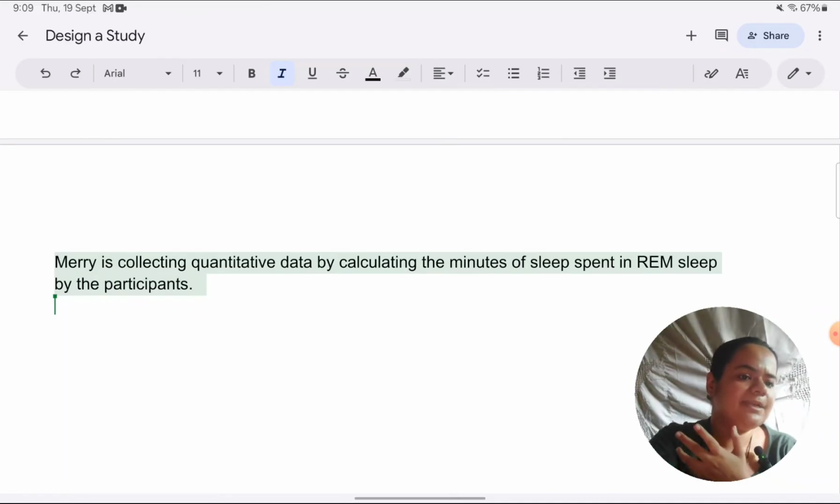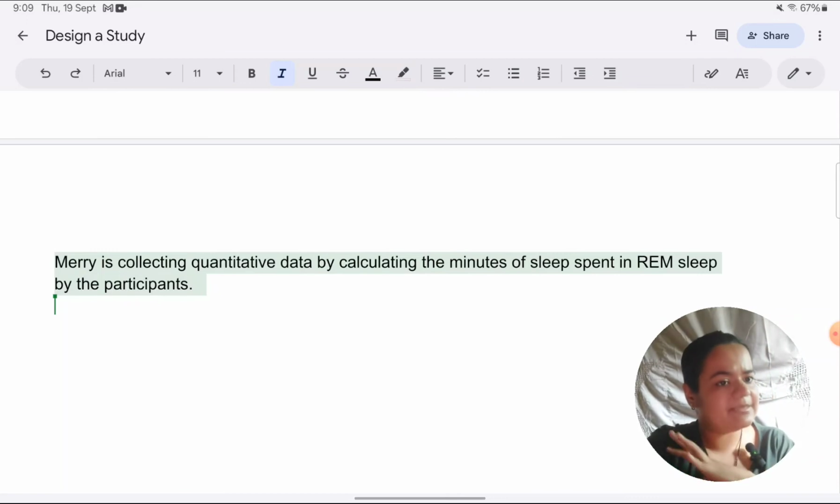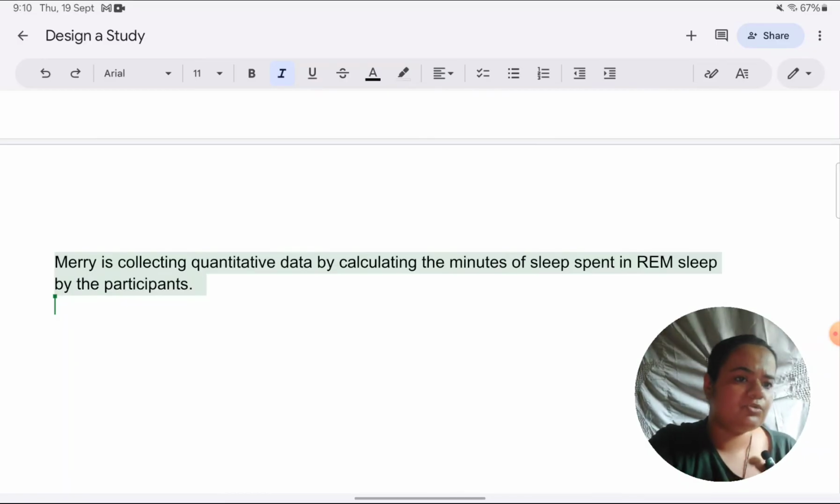So we can conclude by saying that this is what she's going to analyze. Like I said, we don't get into the analysis as such. So don't get into the statistics of it, like she'll be calculating means or she will be drawing bar graphs or something. Don't get into that. Just mention as a conclusion point that she will just see the trend over time. Is the total duration increasing with age or not?